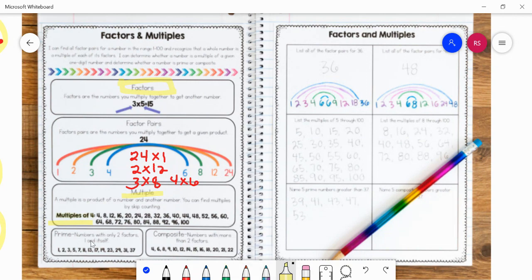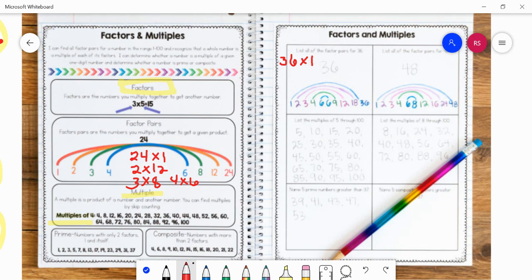I am going to skip over prime and composite for right now. We will get back to that, but I just want to show you an example of our factors and multiples again. So for the first one, it says list all of the factor pairs for 36, right? So what they did, now I can do this on my own, so I know that I'm always going to have 36 times 1 because any number times 1 gives me that number.